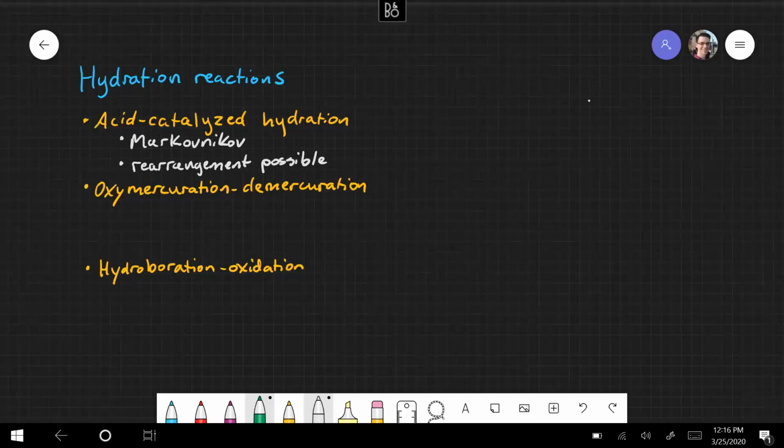The second one we learned was oxymercuration, demercuration. It's a two-step reaction, first being oxymercuration, followed by demercuration. This was similar to our acid catalyzed, in that it is Markovnikov addition, but it does not allow for rearrangement because there's no carbocation that forms.